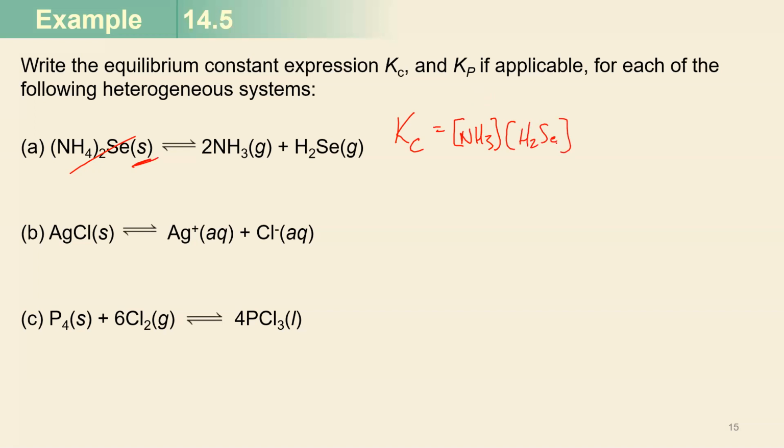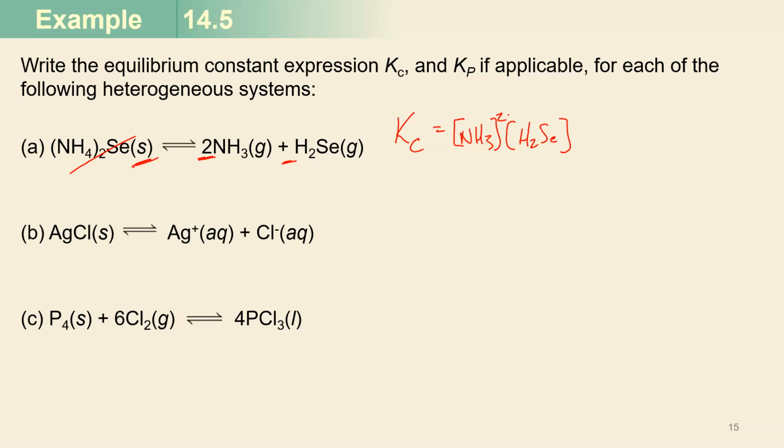Is that it? No. What do I need? A 2 on NH3. Yeah, remember, for our equilibrium expressions, we use those coefficients as powers. And so we need to square the concentration of NH3.